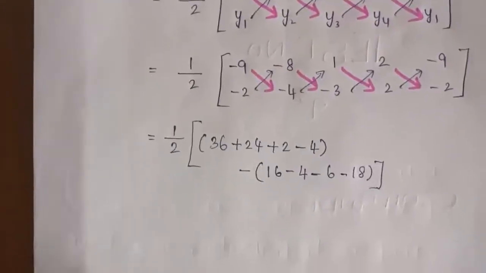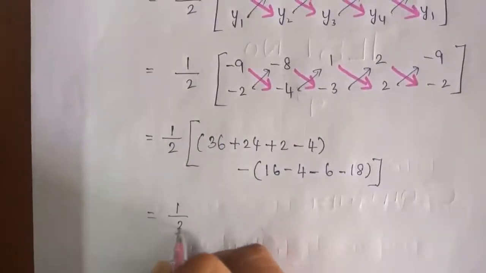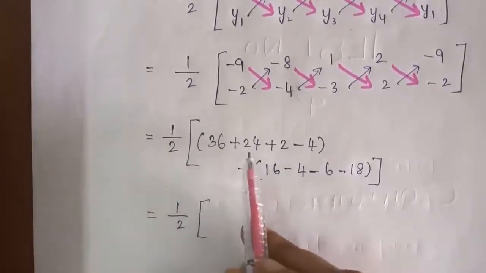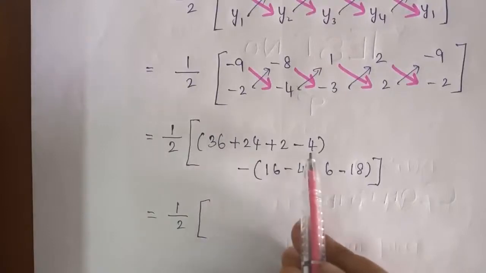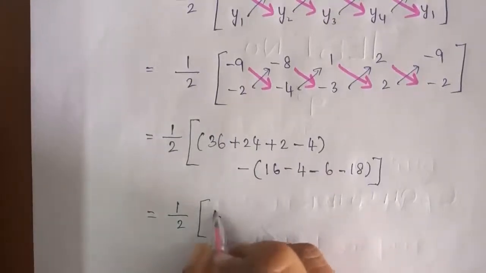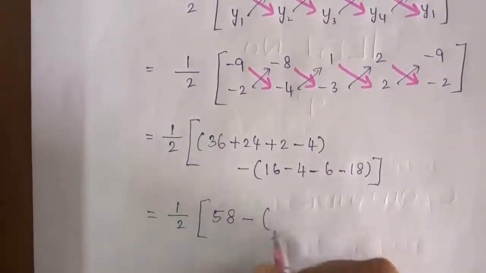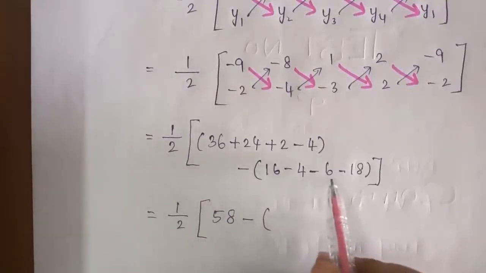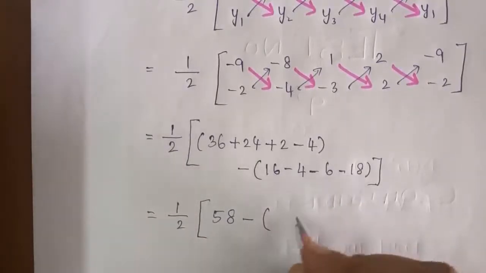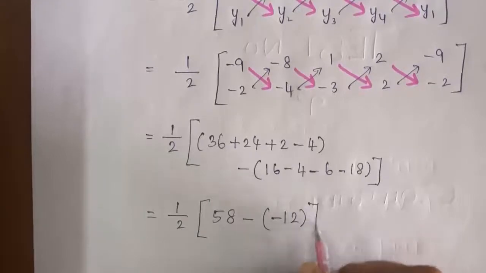So which is equal to 1 by 2 into 36 plus 24 plus 2 minus 4, it will become 58, minus of 16 minus 4 minus 6 minus 18, which is minus 12.